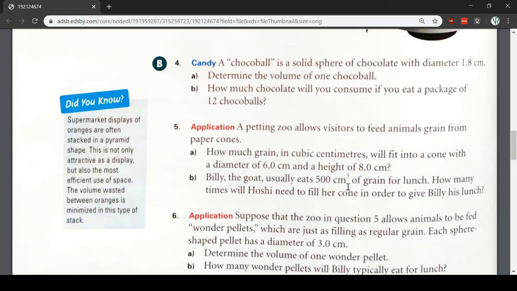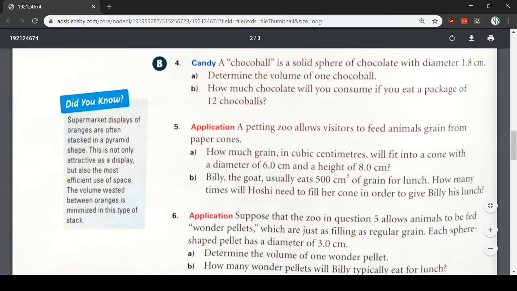So if we set that up, what we can do here is number 4, part A. So we got a choco ball, its diameter 1.8 centimeters. Thus, the radius is going to be half of that. So r is going to be 0.9 centimeters.